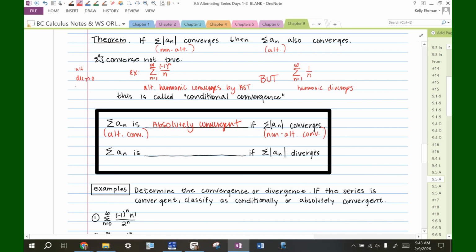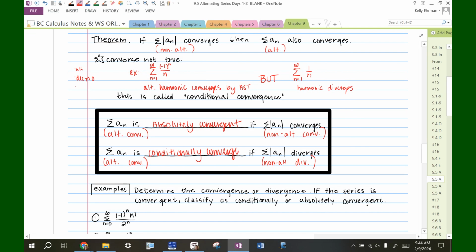It converges whether it's alternating or not. If a series is alternating and it converges, but you look at the positive version of that series, the non-alternating, like I just showed you, harmonic, and that diverges, then that's called conditionally convergent.